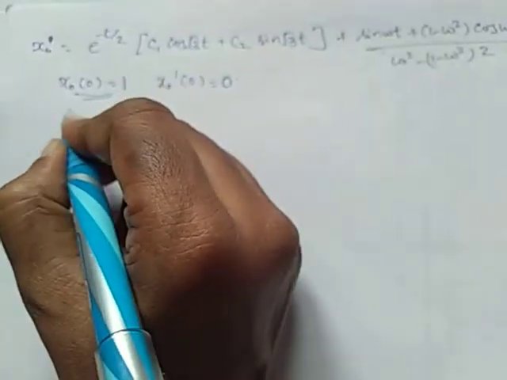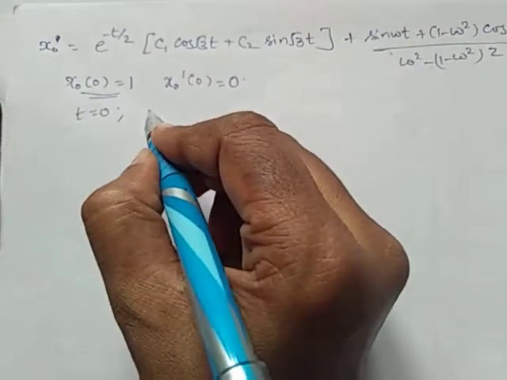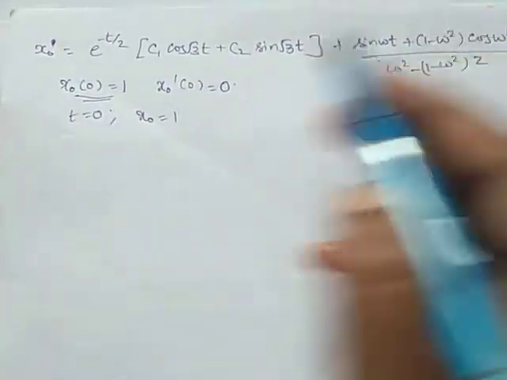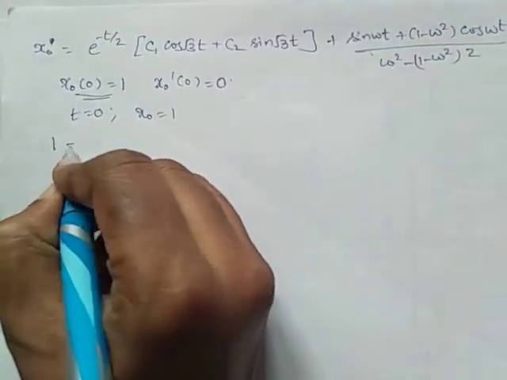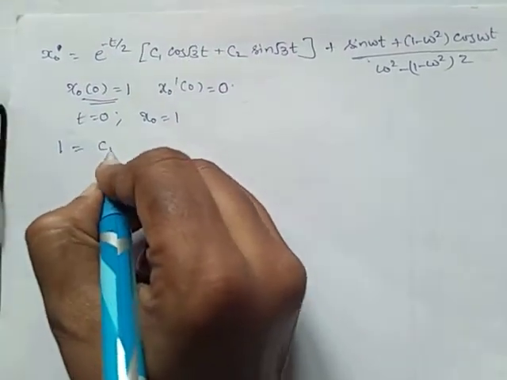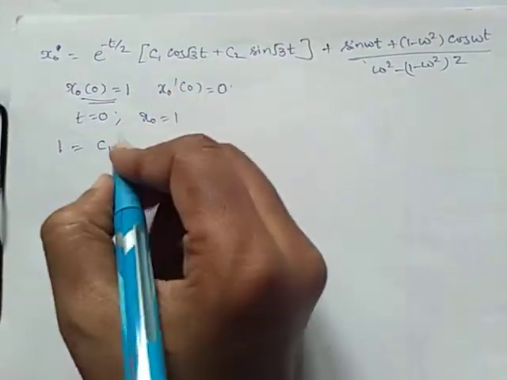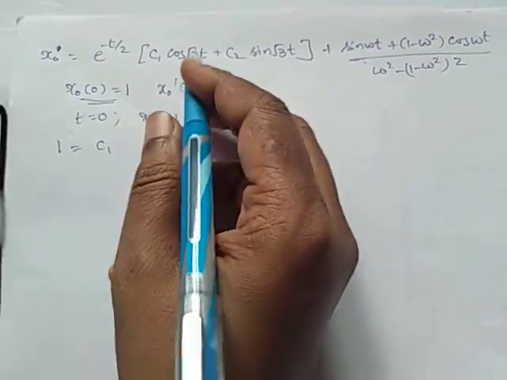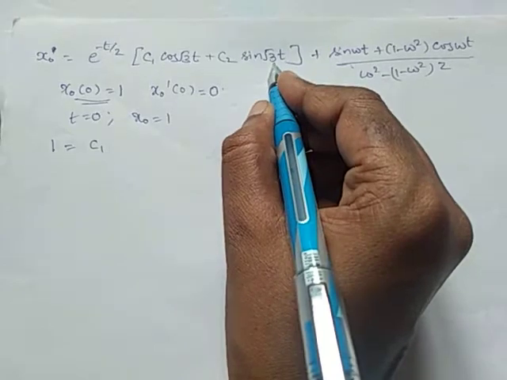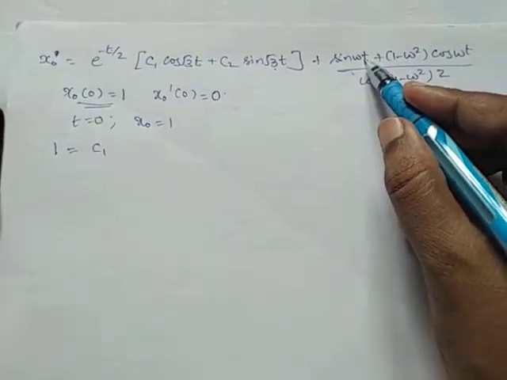Here we have to substitute t equal to 0 and X0 equal to 1. So X0 is 1, e power 0 is 1. Here C1 cos root 3 times 0, cos 0 is 1. Sin root 3 times 0 is 0, sin 0 is 0.